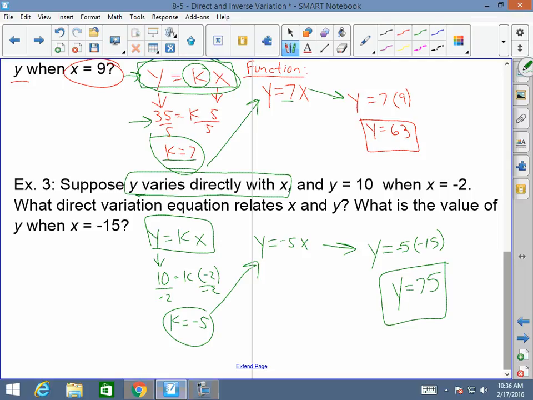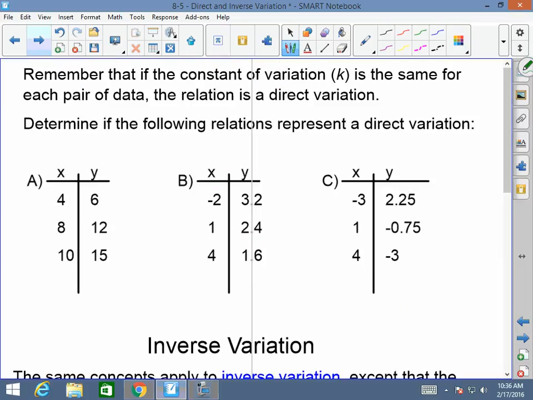Okay, thank you. Now, remember that if the constant of variation k is the same for each pair of data, the relation has to be a direct variation. Sometimes they're going to give you tables, and they're going to say, does this represent a direct variation? The only way you could tell is by comparing the k's. Remember that in a direct variation, y equals kx. The k is constant.